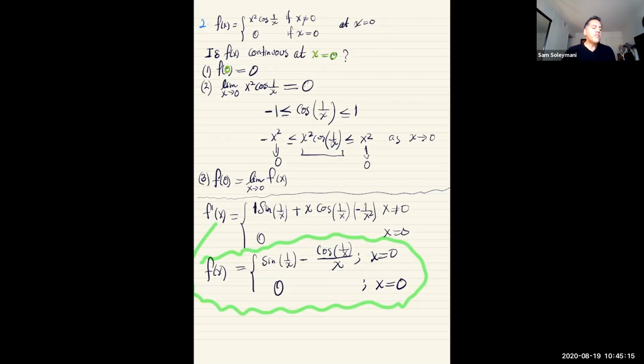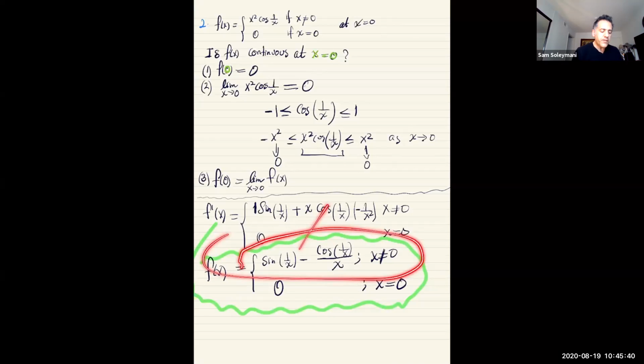Okay, so what you do here again is try to find the limit, so this is when x is not 0, the first one. So try to find the limit of this guy.